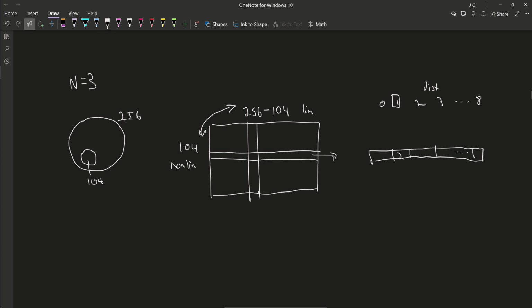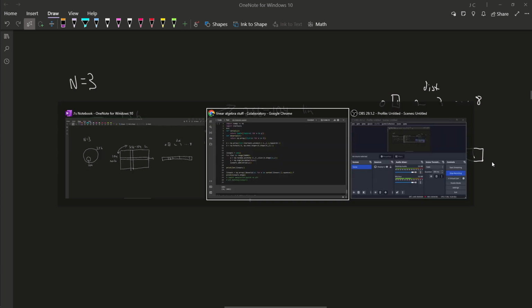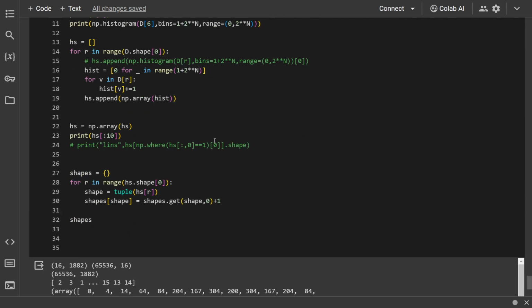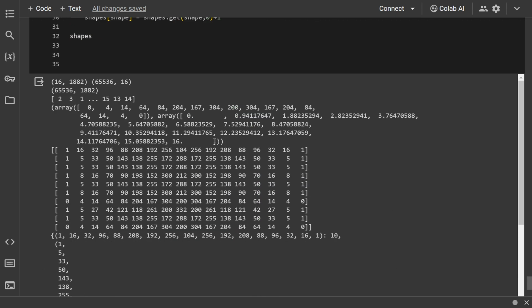And then it turns out that different nonlinear functions can have the same histogram. So we collapse all of those, and then we display the results. This is the results for n equals 4. This would be a sample of the histogram. For this particular row function, there are 0 linear functions that it is distance 0, 2, which means that it's a nonlinear function.